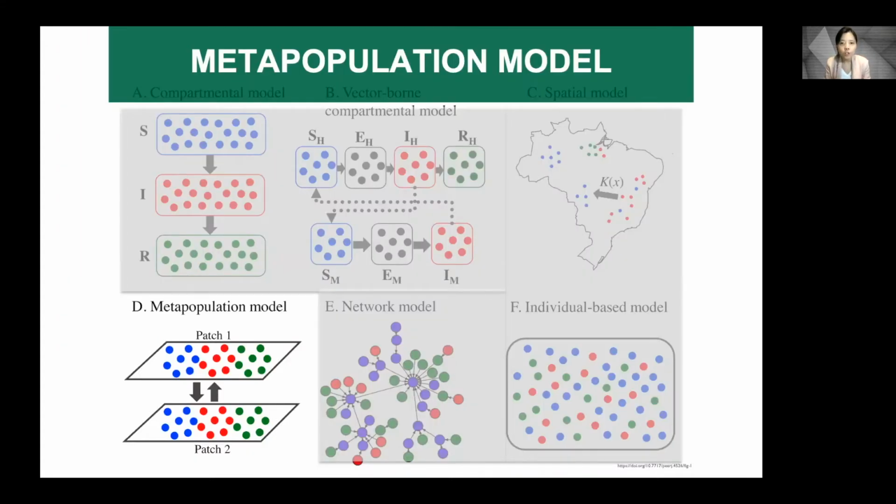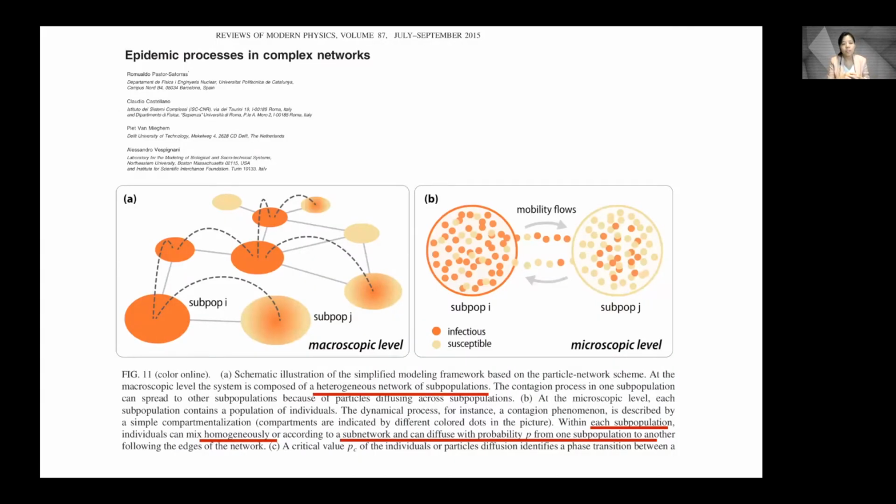Next, we move on to the meta-population model. In the meta-population model, we have two patches or two layers. In each layer, they are homogeneous. The entire population is divided into subpopulations, as you can see from this illustration on the left. These subpopulations can interact with one another, and this, as a whole, is a heterogeneous network.